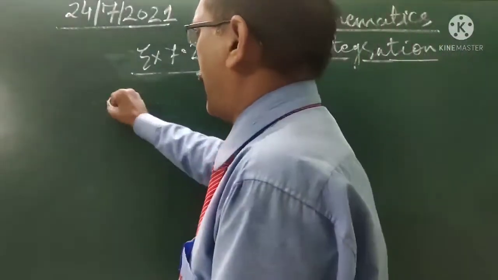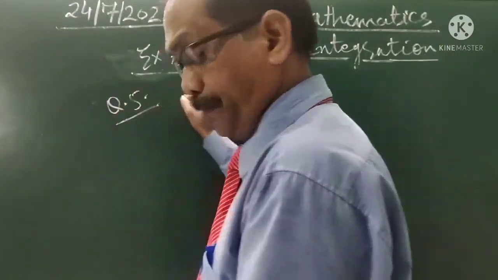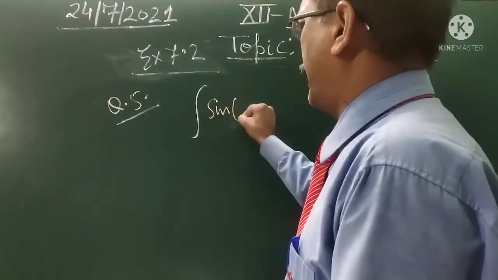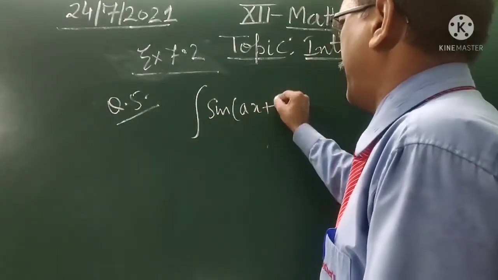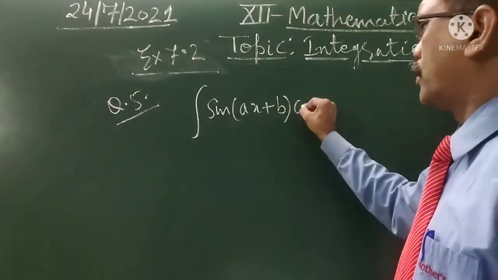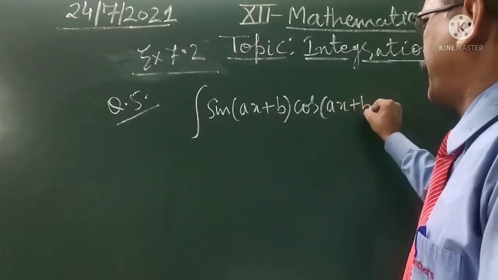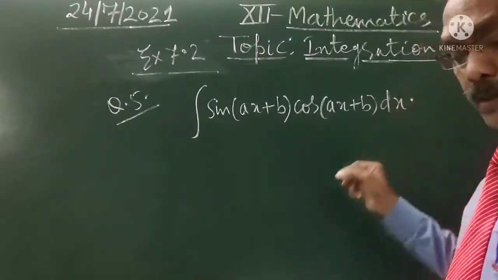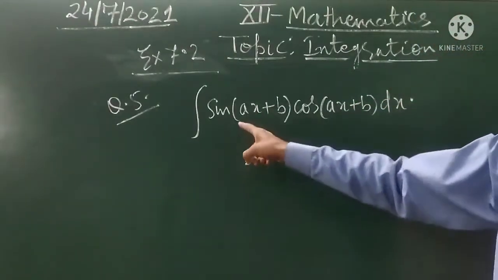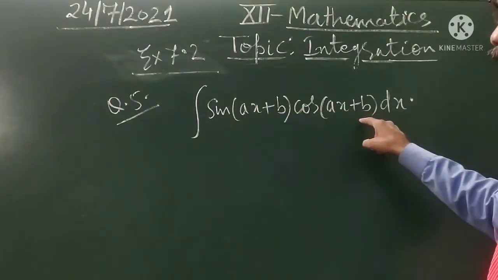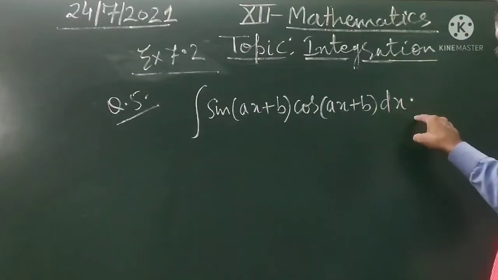Now next is question number 5. Question is integrate sin(ax plus b) into cos(ax plus b) dx.